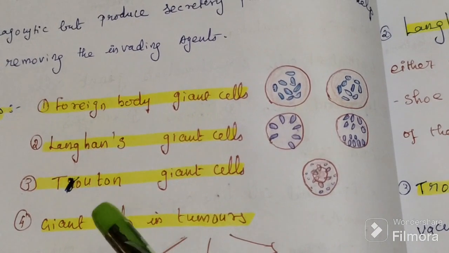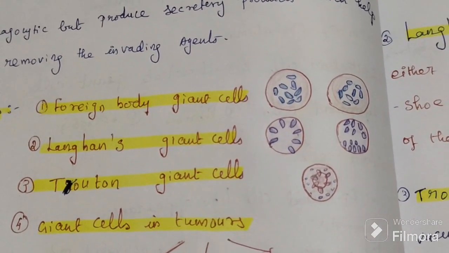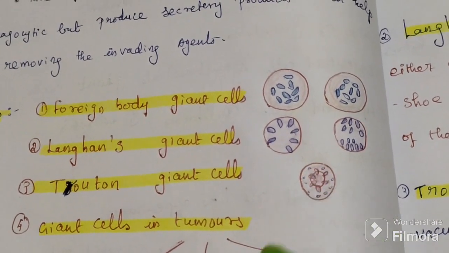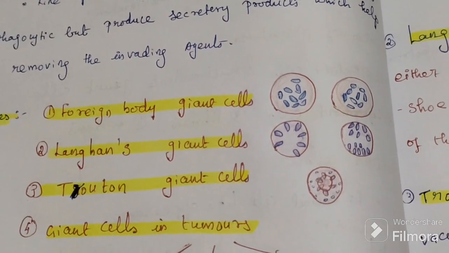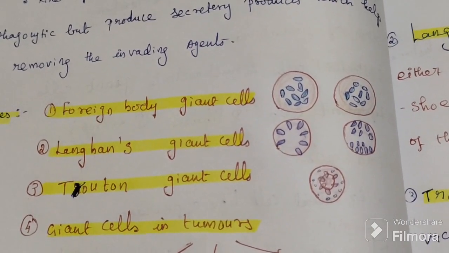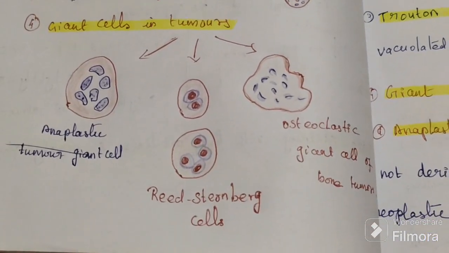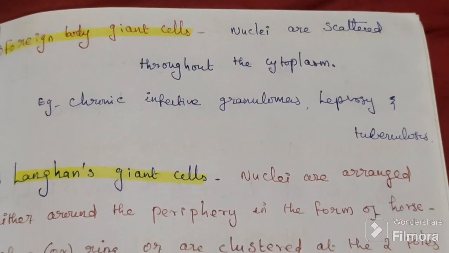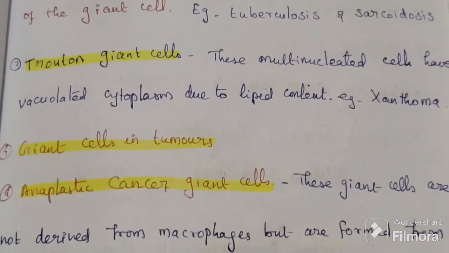Then Touton giant cell: the nuclei form a ring at the center, multiple nuclei. Then the giant cell of the tumor.